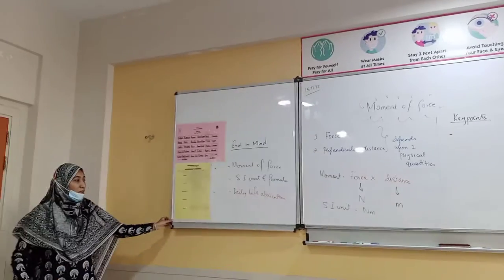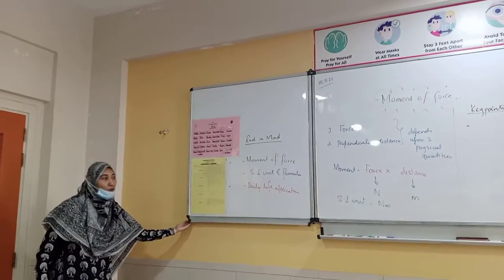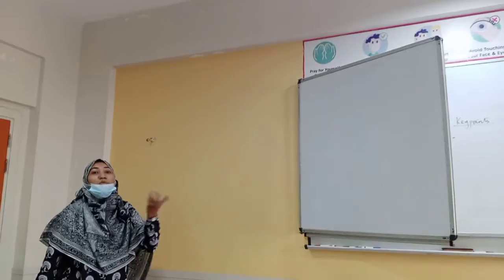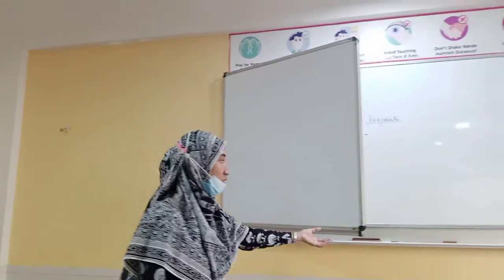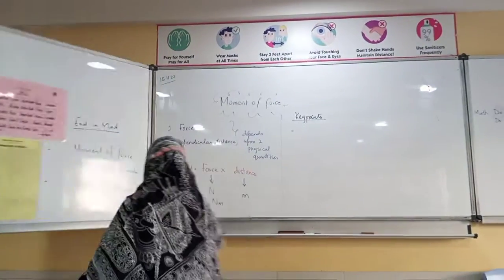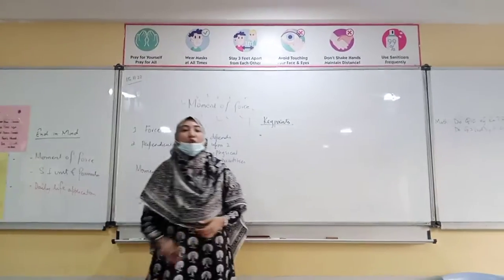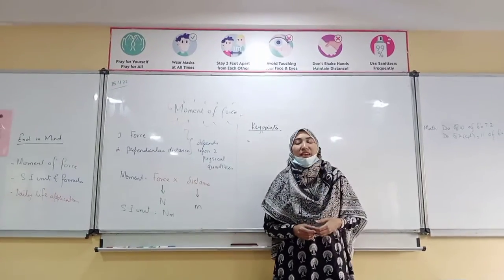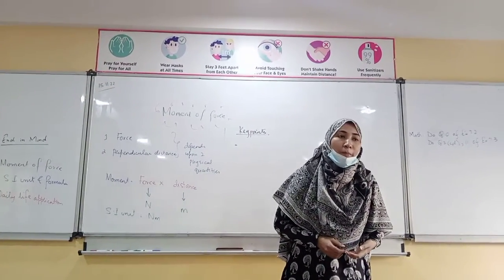Whereas when I am applying a greater force, the turning effect of force produced is much greater. So we can say more the force, more the moment of force will be. Less the force, less the moment of force.